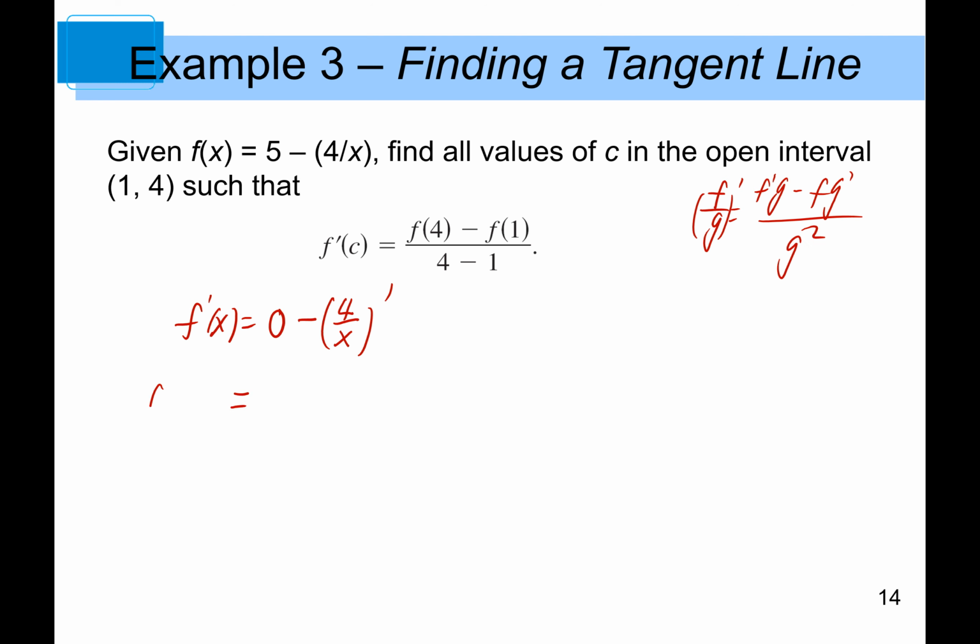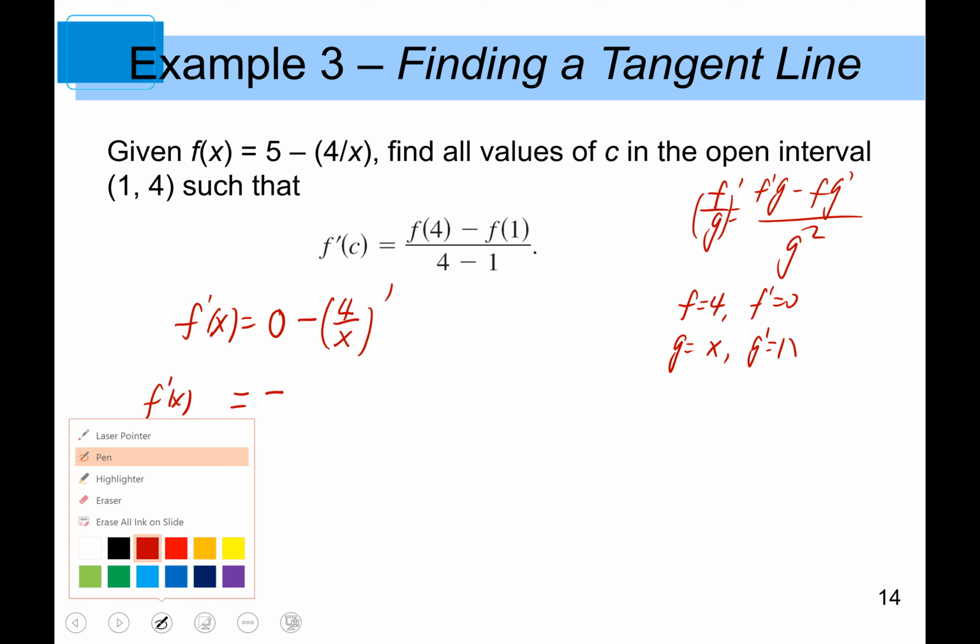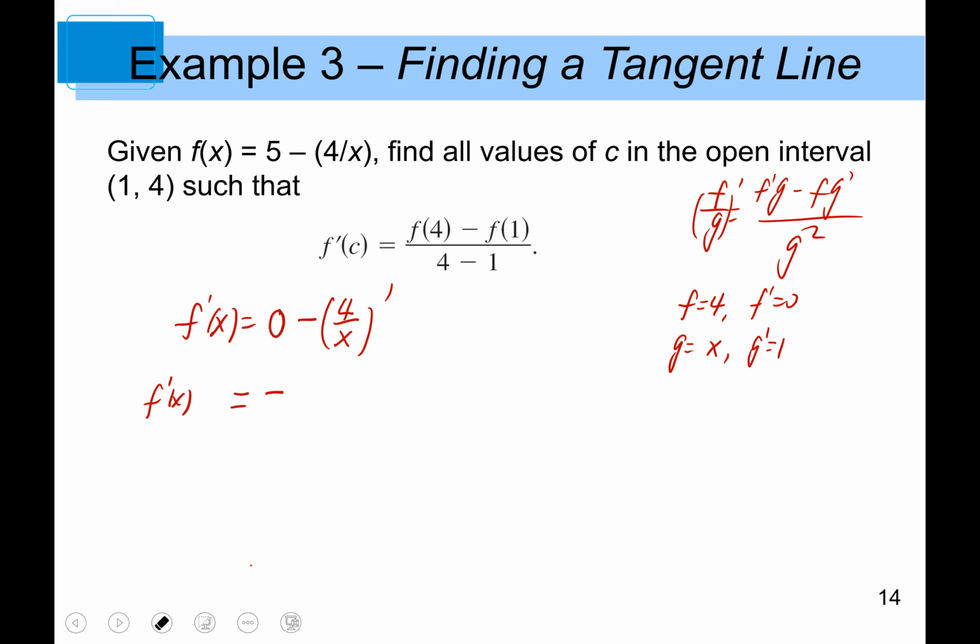So let's take a look at the derivative of 4 over x. Put a negative sign in front. f is 4, so f prime is 0. g is x, so g prime equals 1. I just apply the quotient rule: f prime, which is 0, times g, which is x, minus f, which is 4, times g prime, which is 1, over g squared, which is x squared.